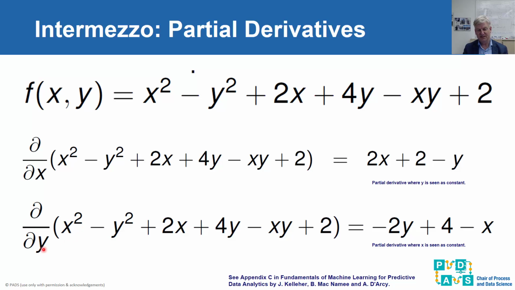This is looking at it from the perspective of variable y. Now we keep x constant and we just vary variable y, and this comes out. So again, this is rewritten to minus 2 times y, this disappeared, this is reduced to 4, and this minus xy becomes minus x.